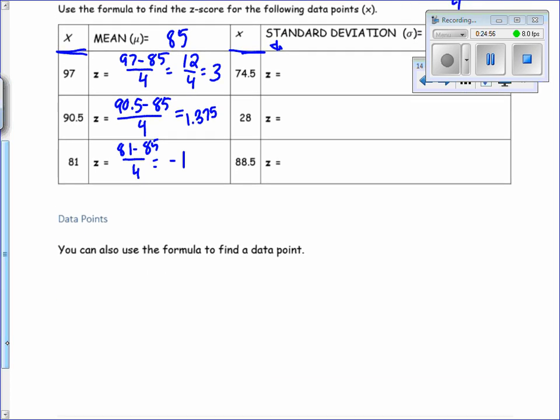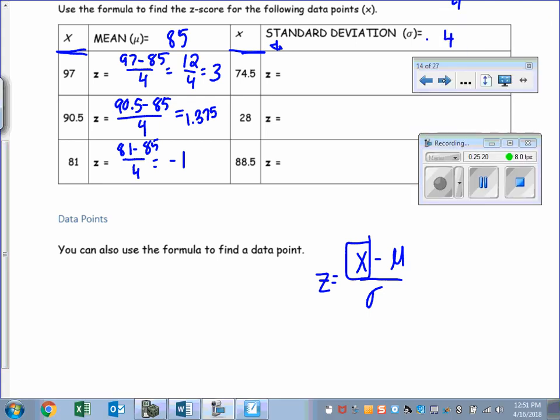The last part I want to go over is using data points. You're going to be using the same formula, z equals x minus mu divided by sigma. The only thing is you won't have x; we'll be solving for x.